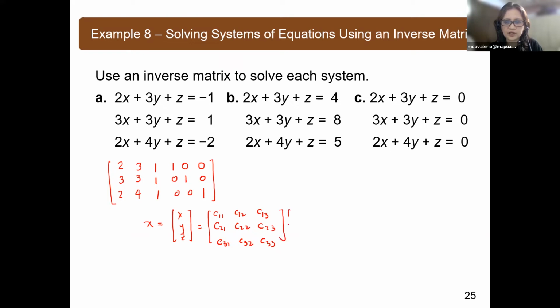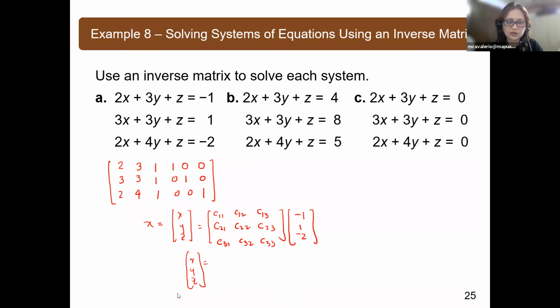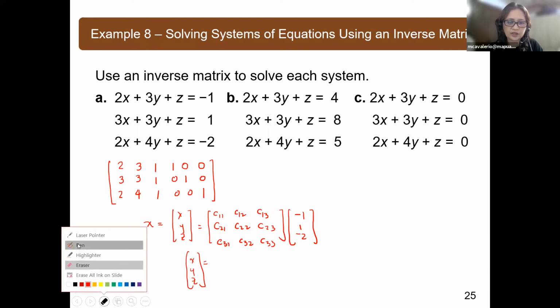Multiply it with the entries in B, which is -1, 1, and -2. Since we have a 3 by 3 multiplied by a 3 by 1, the result should be a 3 by 1, which is your X, Y, and Z. So this will be your solution to your system of equations by applying matrix inversion.